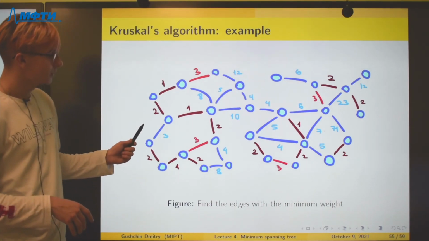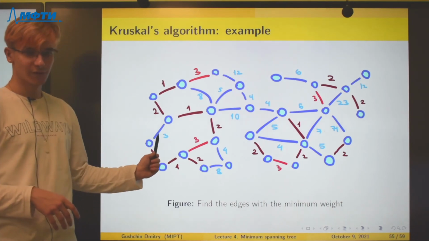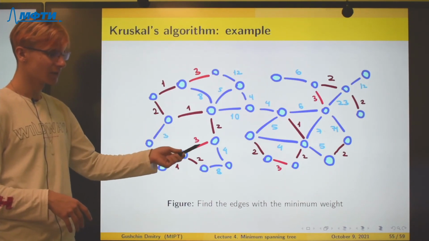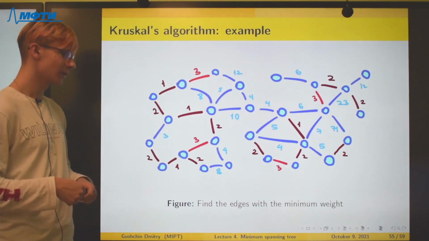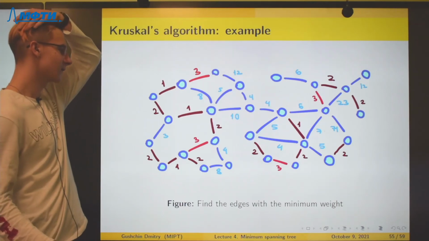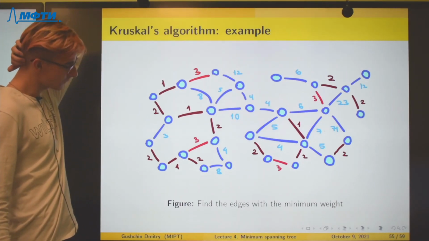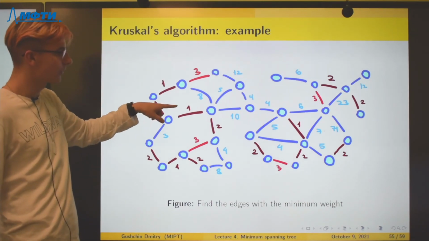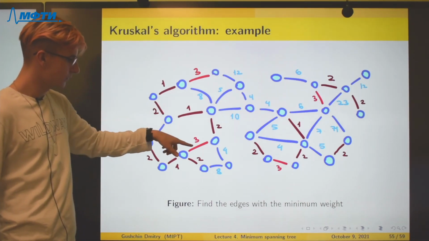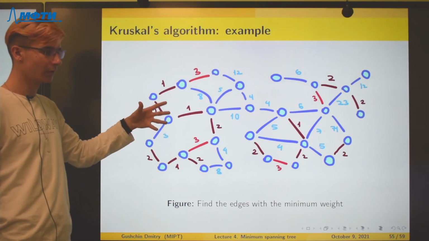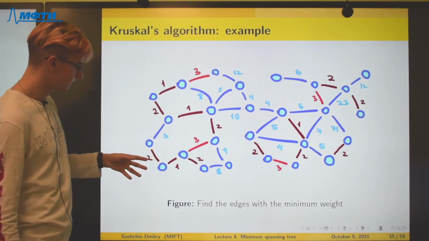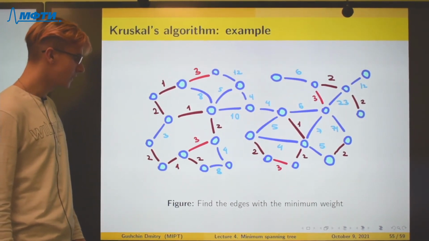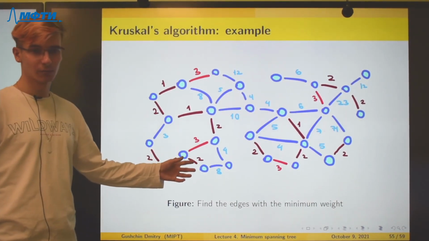And we can choose one of them, not both of them. If we choose both of them, we get a cycle, and we don't want to get a cycle because we want to find a minimal spanning tree. So if we have between 2 components some edges with the minimum weights, we say that we choose one of them.